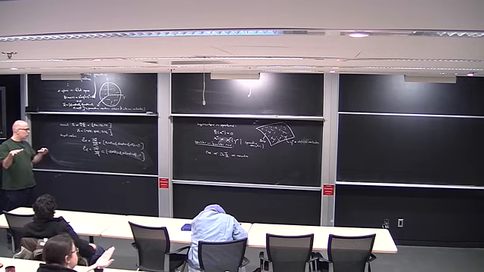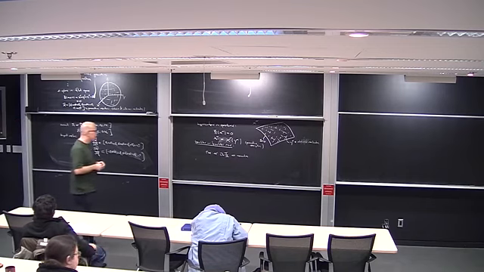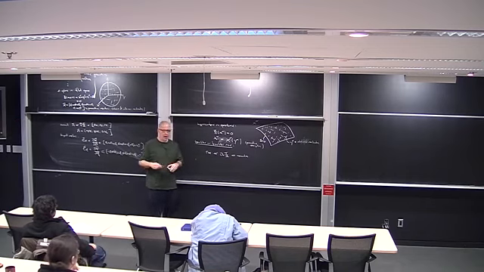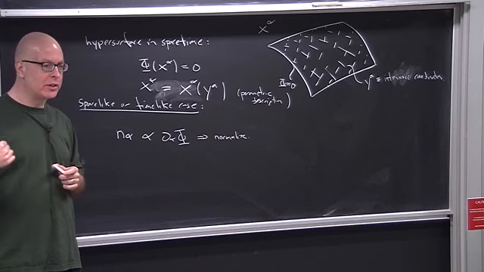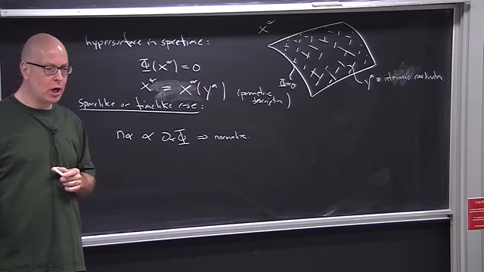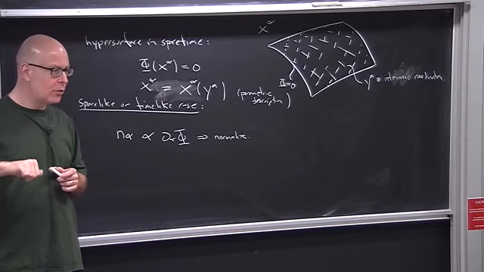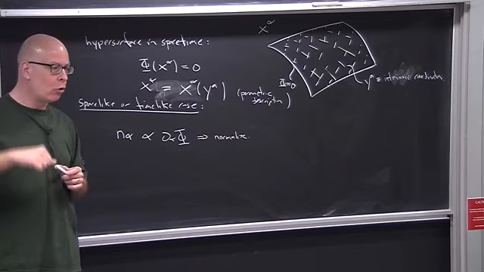Basically, the convention I'll pick for n is that it always points in the direction of increasing phi, and that's going to be your notion of whether it's future directed or past directed, or pointing out or pointing in.